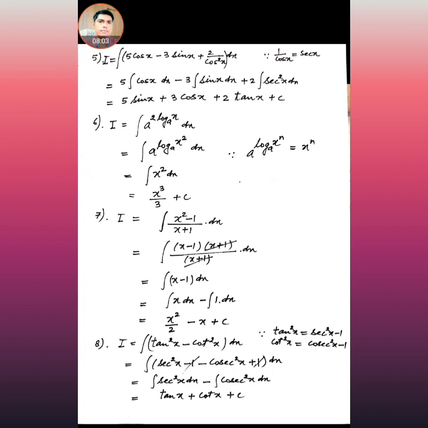Now we can cancel x plus 1 with x plus 1. So finally we get x minus 1. After separating all functions, we can write integration of x minus integration of 1. Integration of x is x square by 2 and integration of 1 is x, so the answer is x square by 2 minus x plus C.